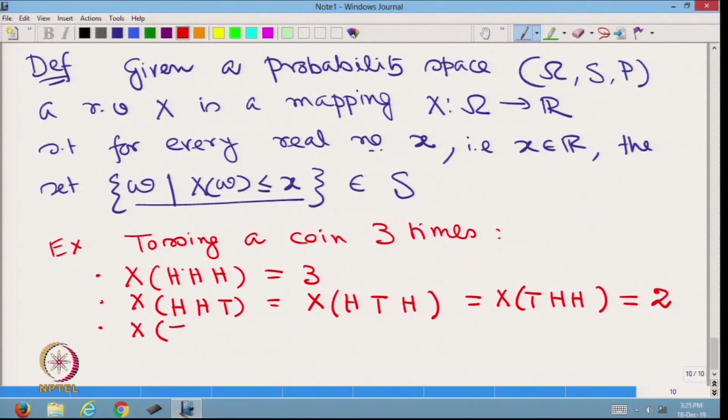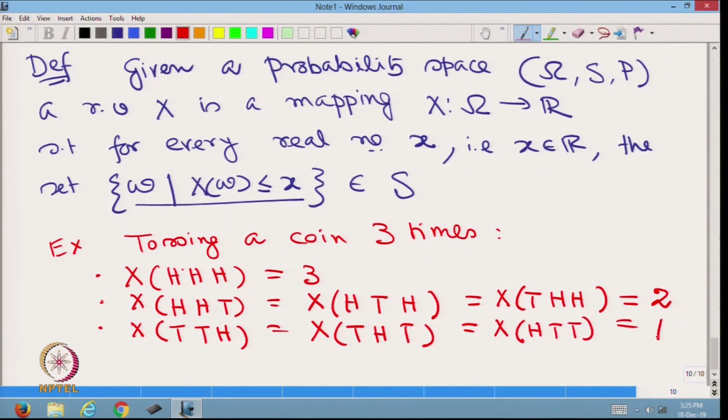X of t h is equal to x of t h t is equal to x of h t is equal to 1, because each of these sequences gives me 1 hit, and x of t t is equal to 0.